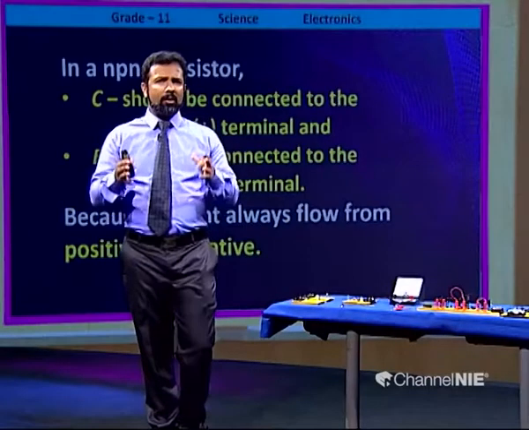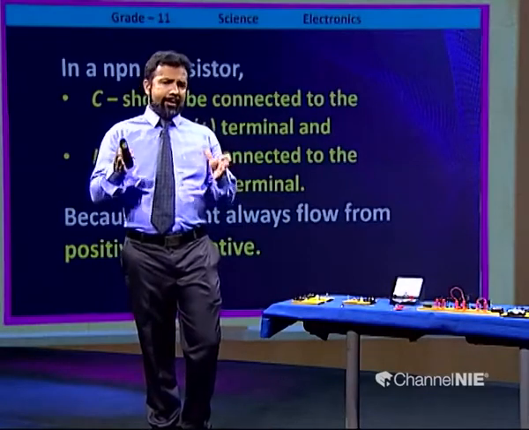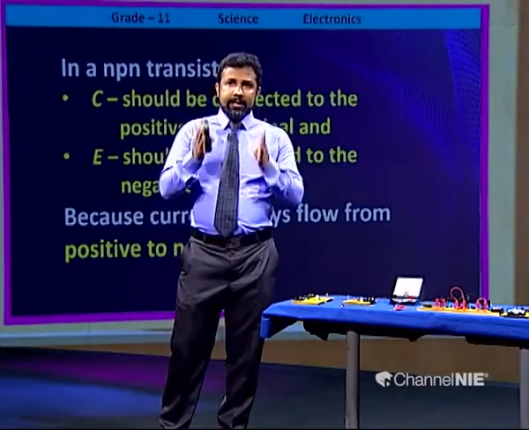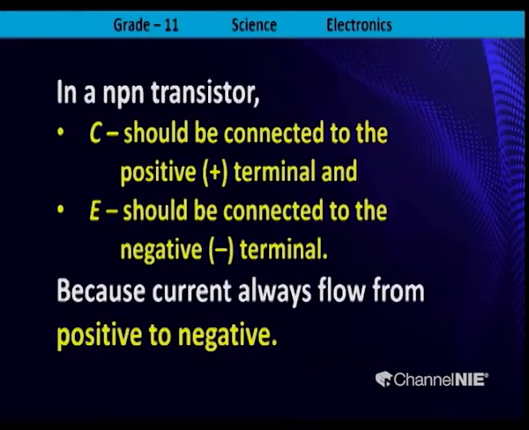Right. When we focus our attention on the Npn transistors, the C or collector should be connected to the positive terminal of the power supply, and E or emitter should be connected to the negative terminal of the power supply, because current always flows from positive to negative.